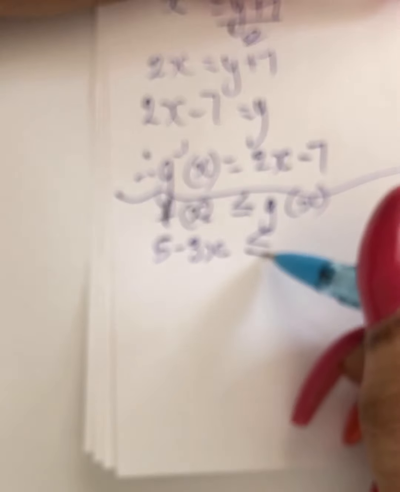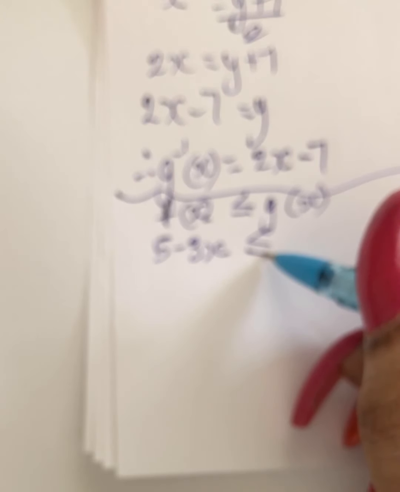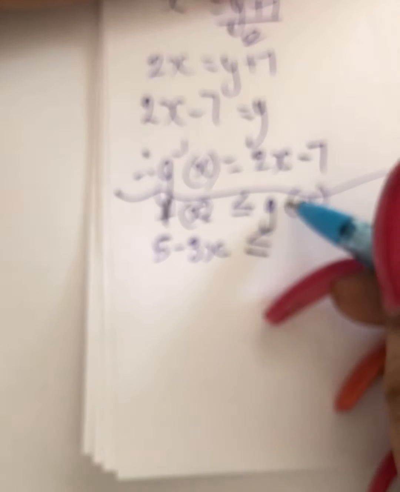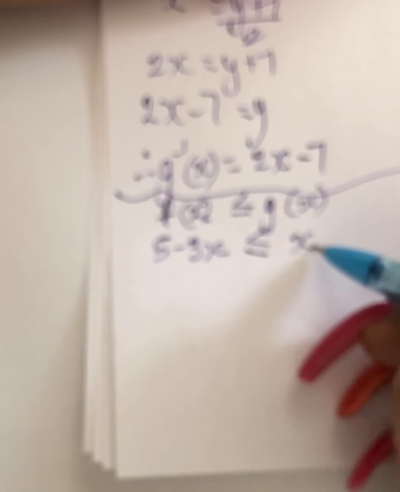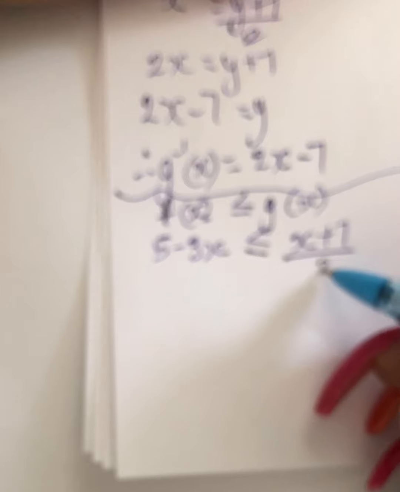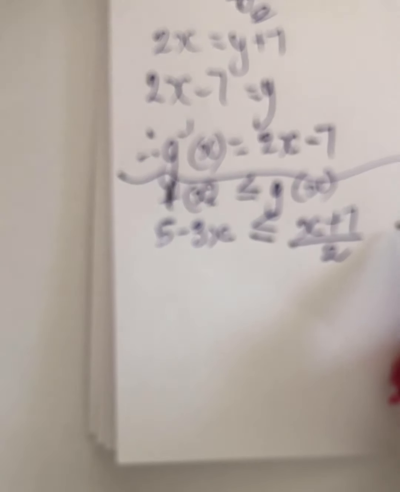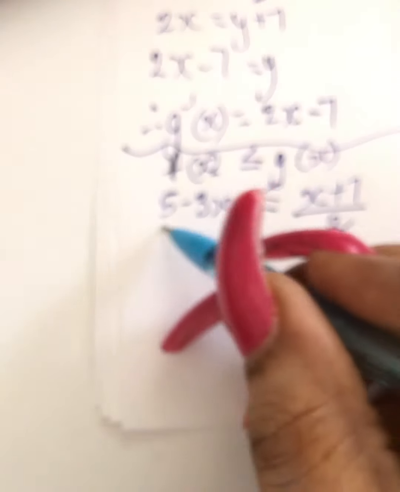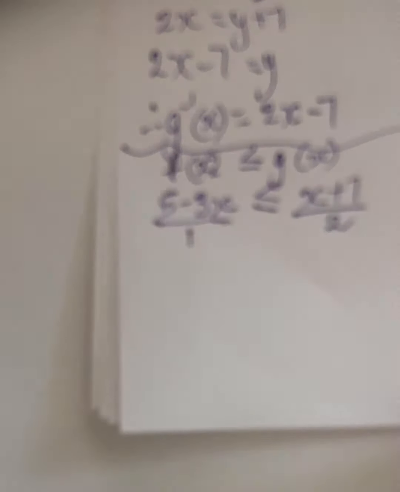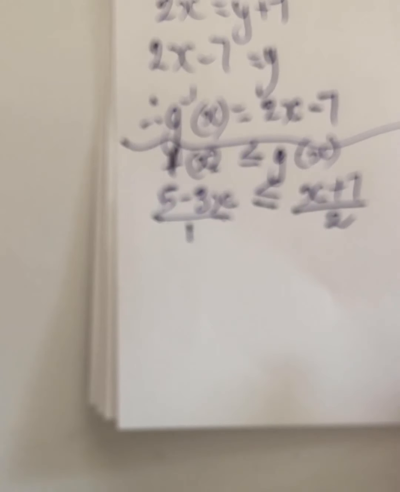We write our inequality sign, less than or equal to, and then we write our g of x that was given. All we do now is to simplify, and we do it the same way we do a linear equation. So I make the side a fraction by dividing it by 1, and then I cross multiply.